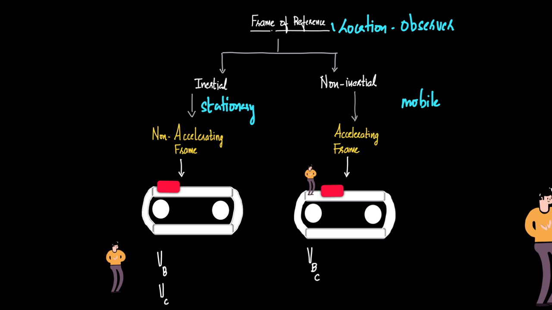Now, one simple example to understand this. Say, for example, instead of a conveyor belt, assume that this is a bus, and somebody is sitting in the bus, and you are observing the person. So what's happening here?